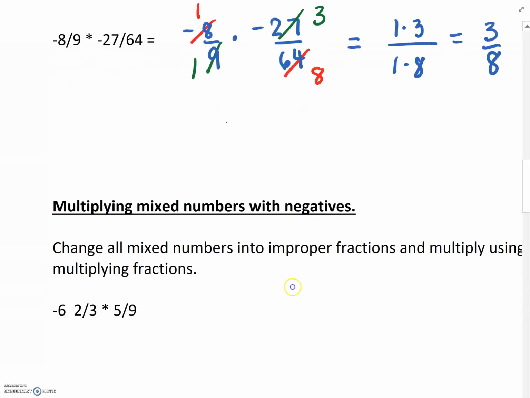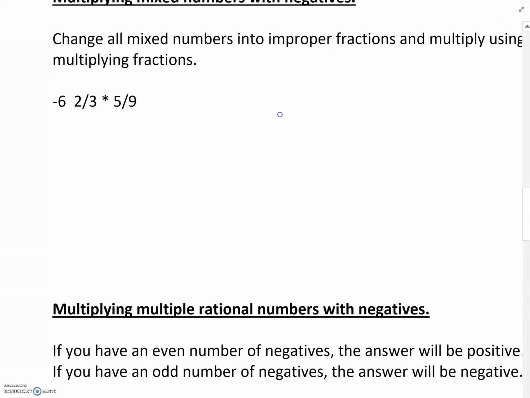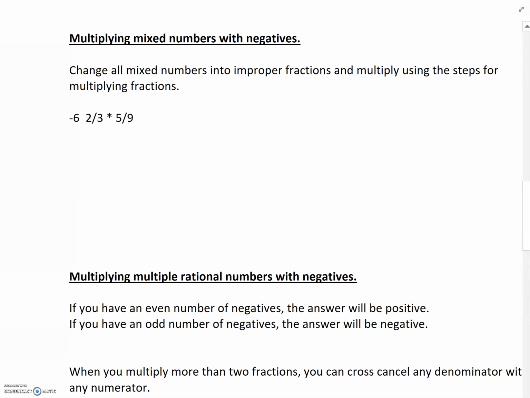Let's look at working with mixed numbers. Now, when you were adding, you always kept mixed numbers mixed, and then you would borrow or regroup if you needed to. Well, when you're working with multiplying or dividing, because we end up multiplying the numerator times the numerator and the denominator by the denominator, we have to change them to improper fractions.